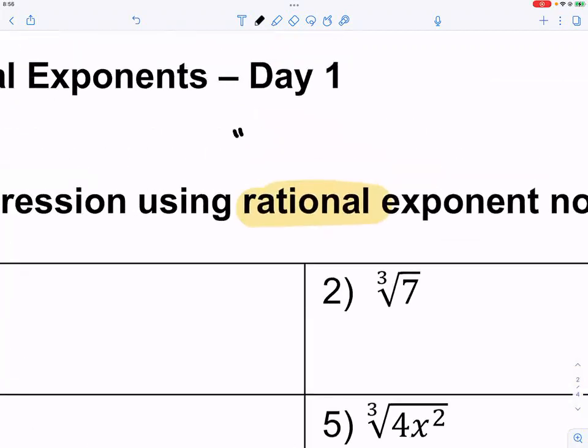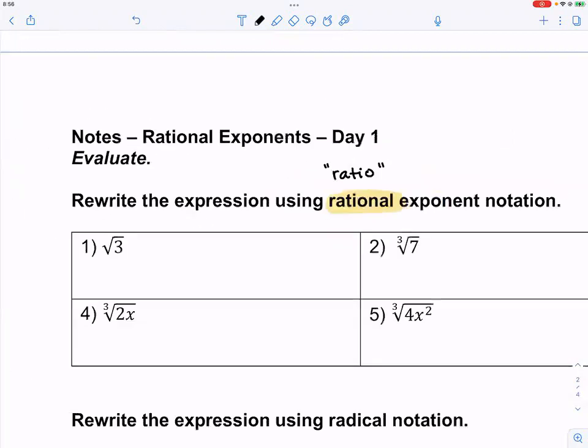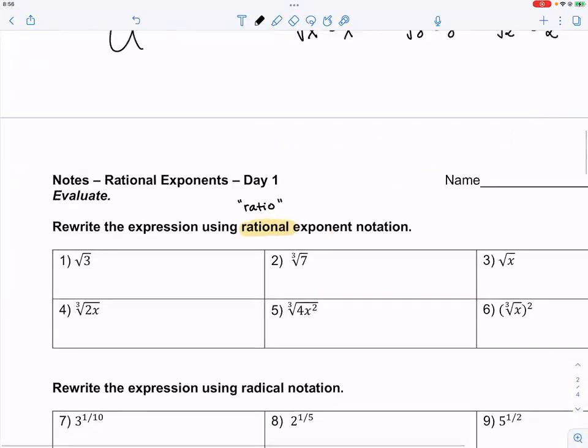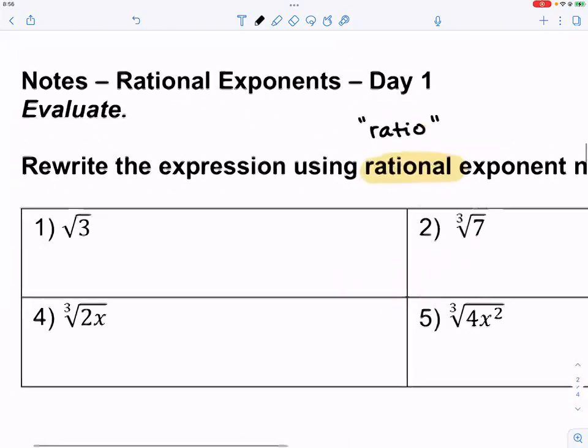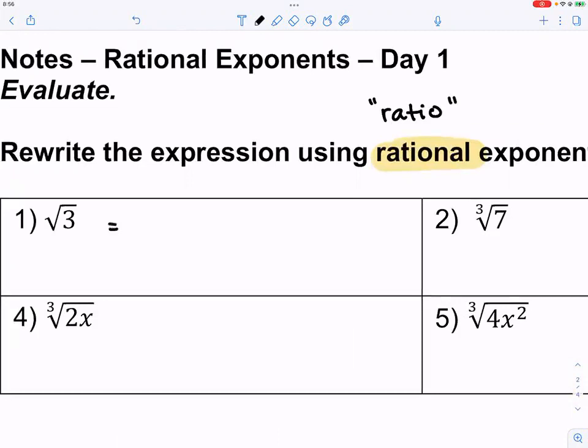So if you don't know what rational means, you may write this down right above the word ratio. Rational comes from the word ratio. Okay. So the root of 3, it's the same thing as writing it as 3 to the what power?